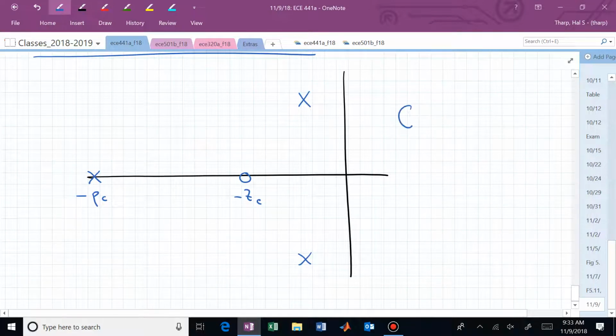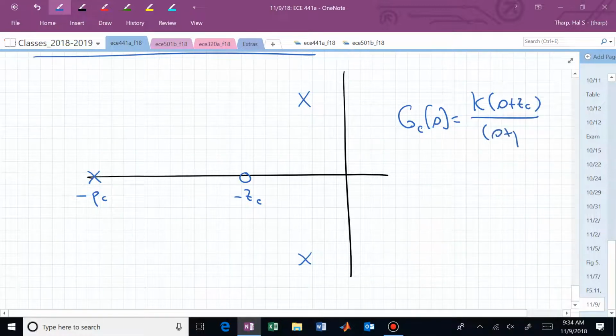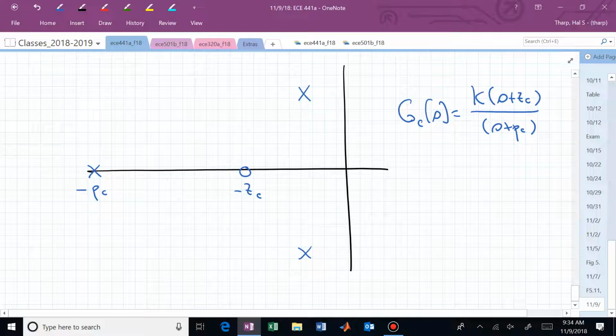Here we have a modified differentiator, but what does the root locus of this look like? This is now G sub c of s equaling K times (s plus z sub c) over (s plus p sub c). What does the root locus of that look like? Do I have any segments of the real line on my root locus diagram?